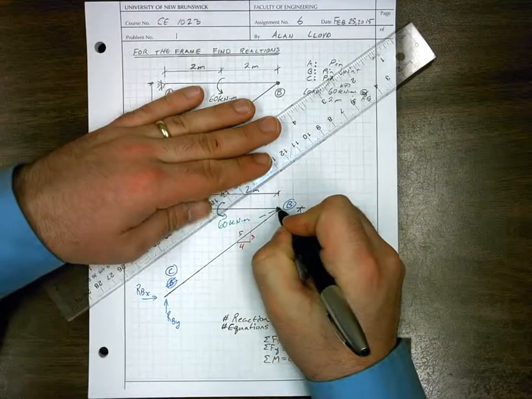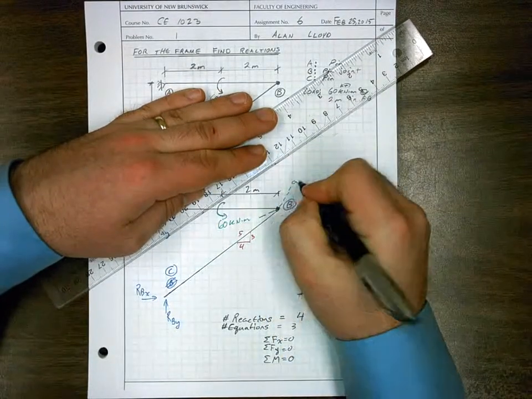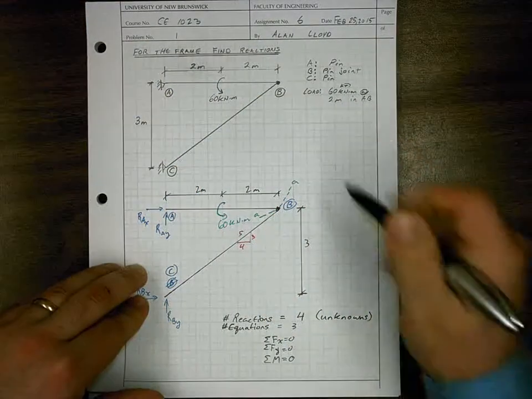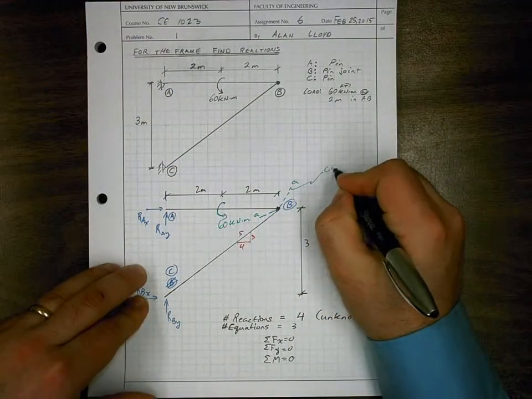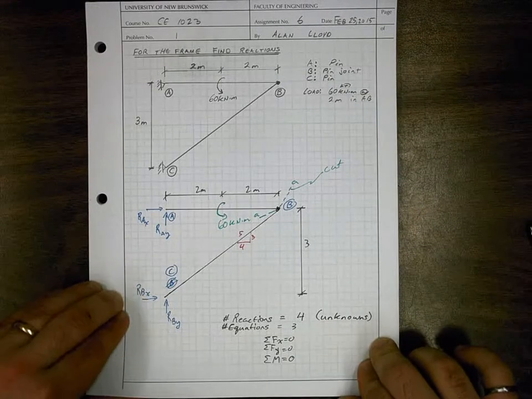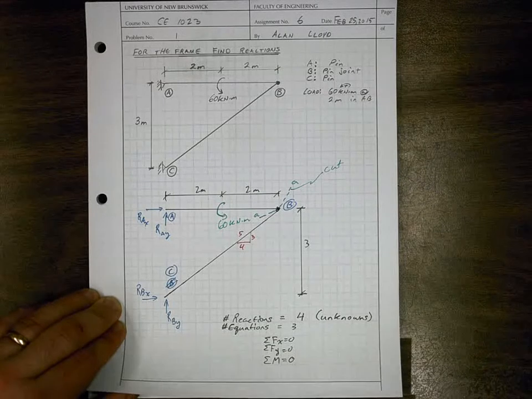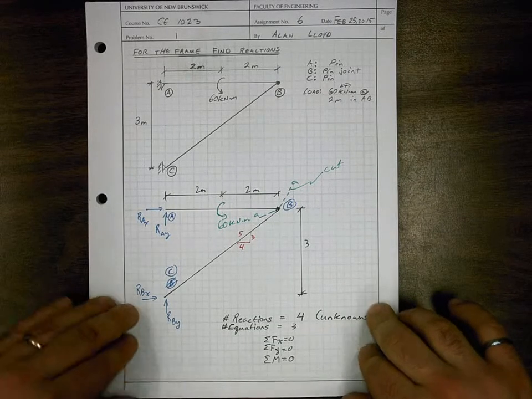We'll cut at location AA. This is going to be our cut location, and we'll take the sections on either side of that cut and put them in equilibrium.